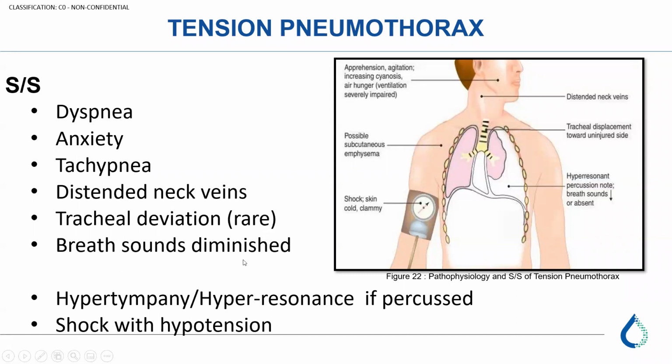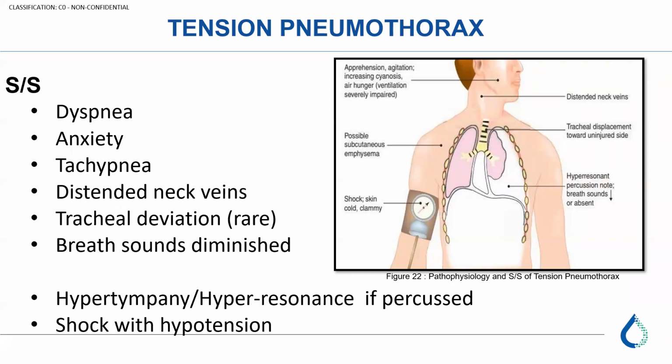Breath sounds diminish on the affected part, whether right or left, where the tension pneumothorax is. After your auscultation, you do your percussion. Remember, any abnormalities in the auscultation, you need to percuss. So on percussion, you will hear hyperresonance or hypertympany. Okay?